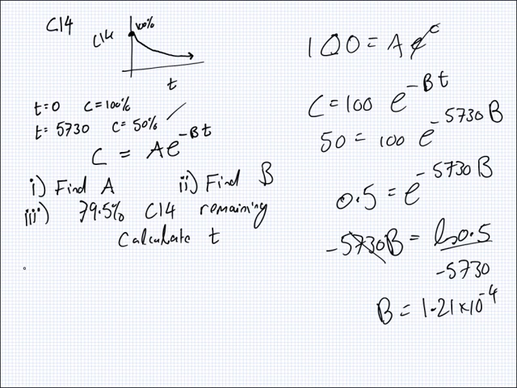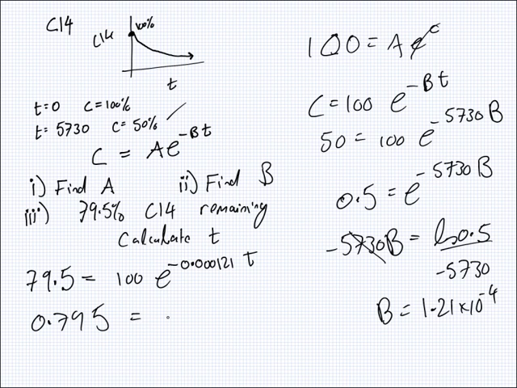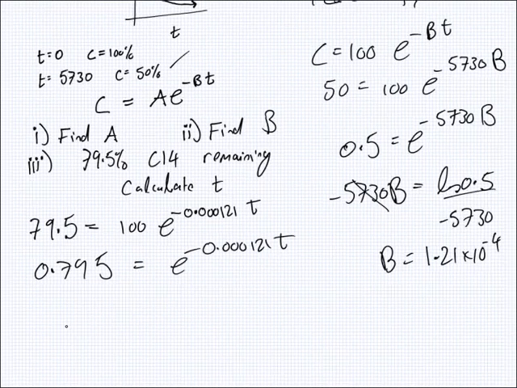Part 3 now. You are told that there's 79.5% carbon-14. This is equal to 100 e^(-0.000121T), and you want to get the T now. So again, by dividing, you get 0.795 equals e^(-0.000121T). And once again, what do we use here?